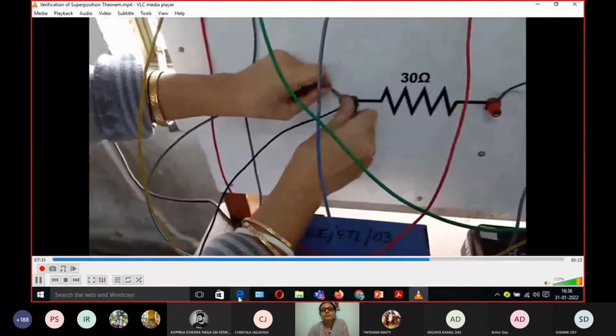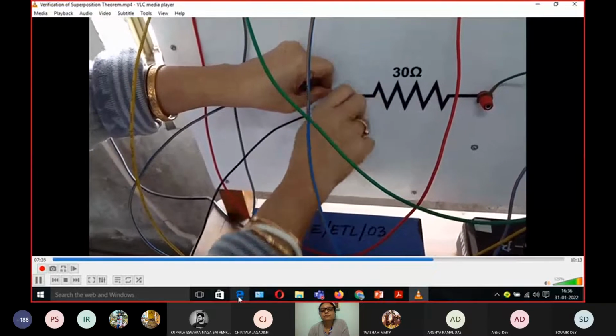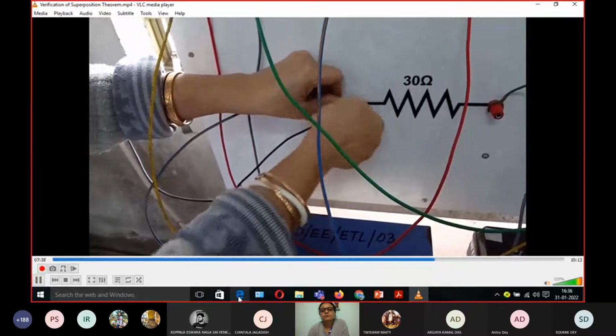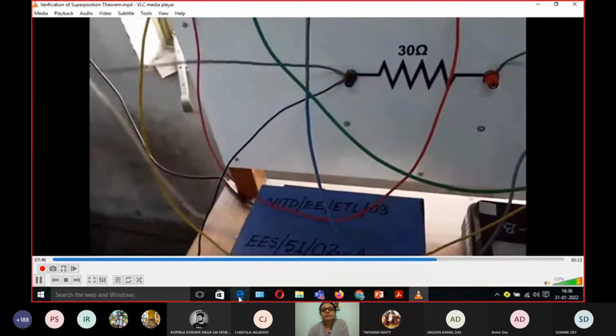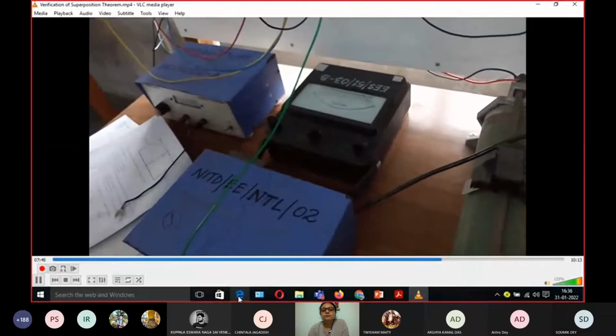Look at here, it is being shorted. V1 is shorted. That means we are removing this one. Okay. These 2 points shorted. Okay. Now I am making it on.